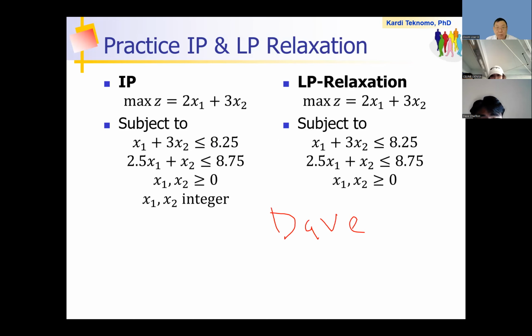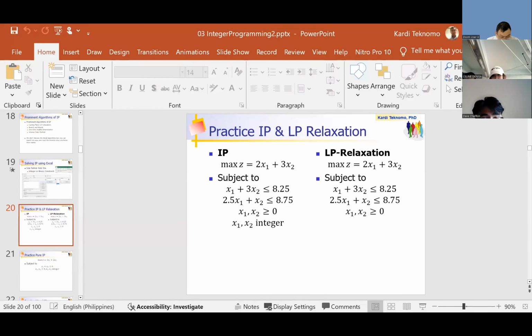Why is my slide frozen? So the second one, practice pure IP, is Tiara. Then the next one, Kalista, and the last one, Celine.